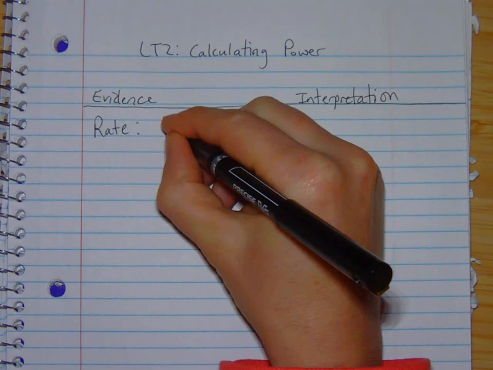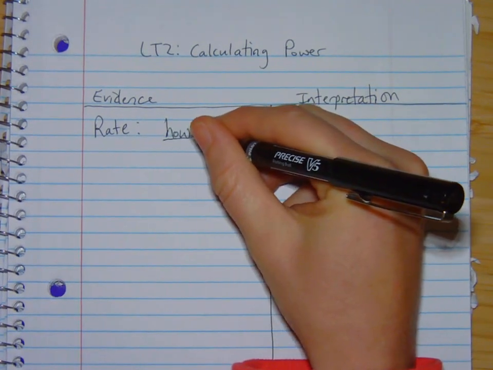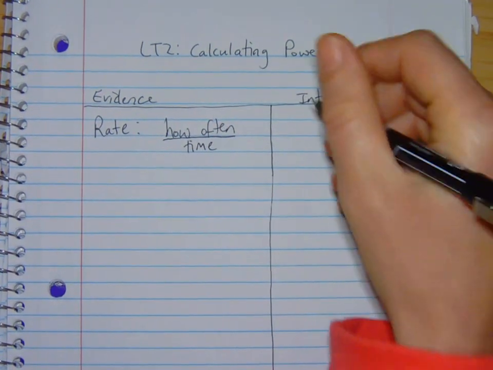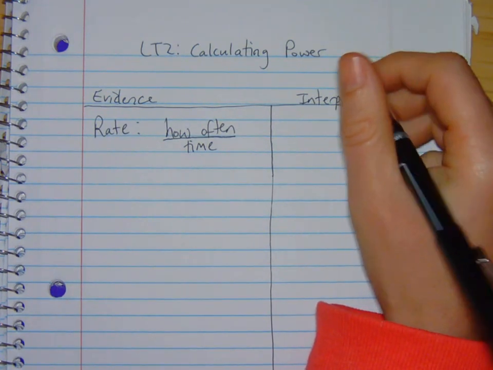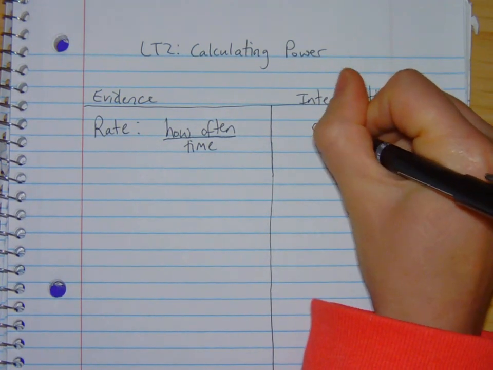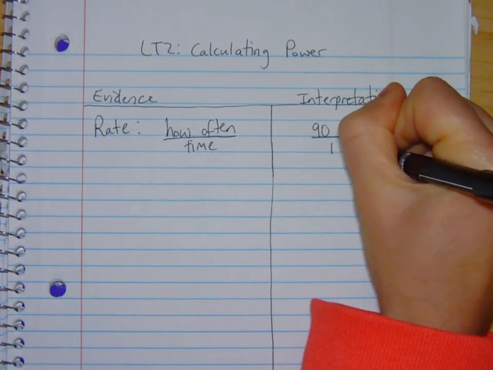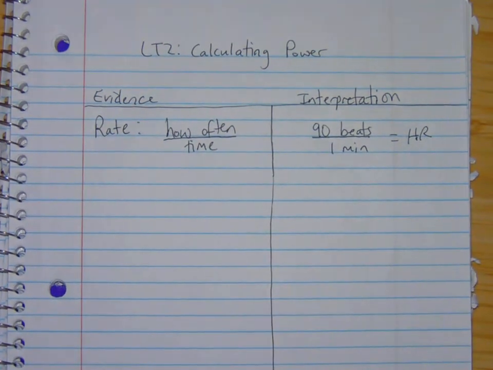But any type of a rate is how often something happens per unit of time. So if you look at your heart rate right now, maybe it's 90 beats, and that's in 1 minute. That could be a heart rate, for example. So there's lots of rates out there.